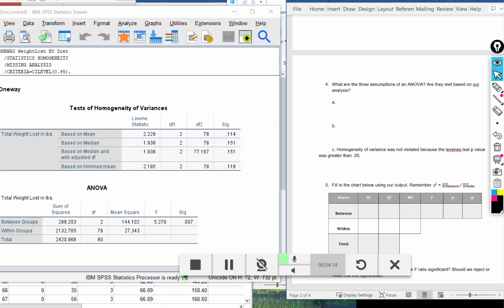We have a non-significant p-value, p equals 0.114, which indicates that this assumption has not been violated.